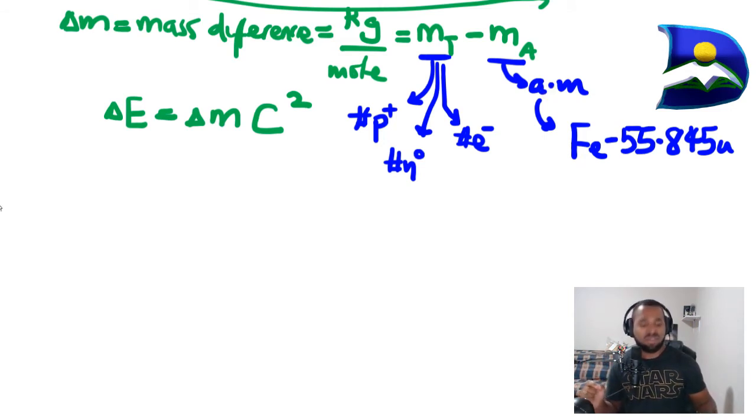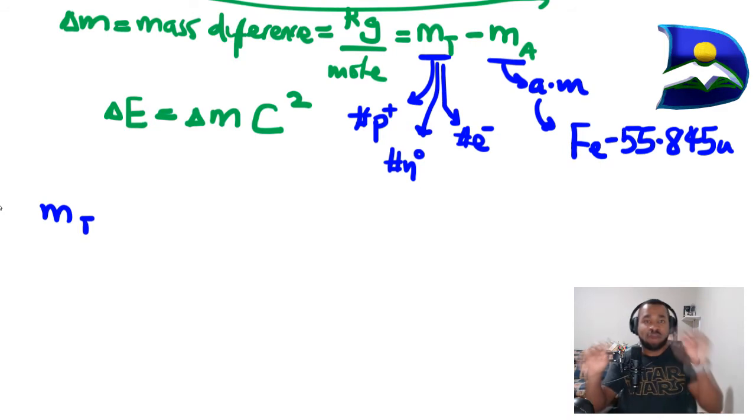So let's start off with our specific example, which involves first determining our total particles when they are fully separated, and we want to determine the atomic mass unit for each particle in there.